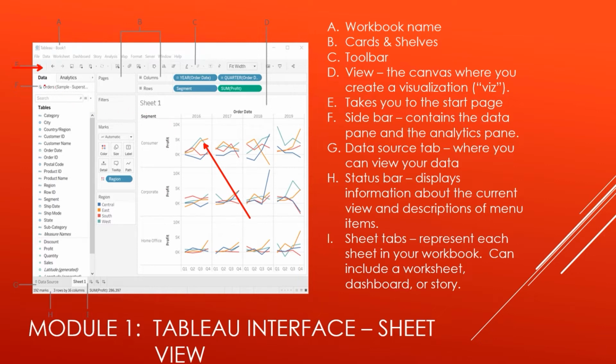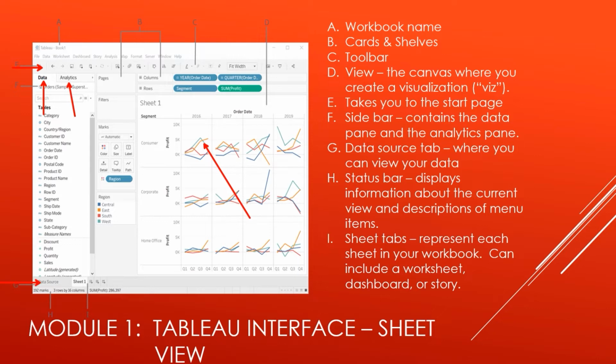On the left side underneath that, you have your data pane. It has two tabs, the data tab and the analytics tab up top, and you'll become familiar with both of those as we go through this course. At the bottom, you already know how to get back to data source view by using the data source tab there.